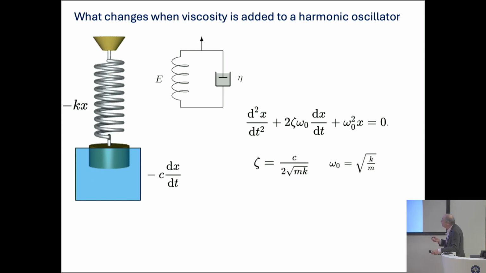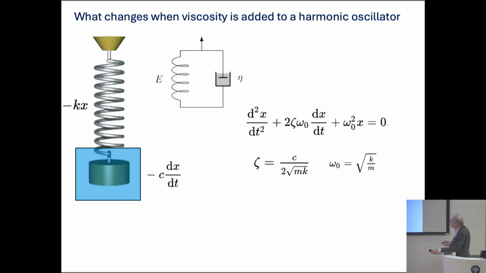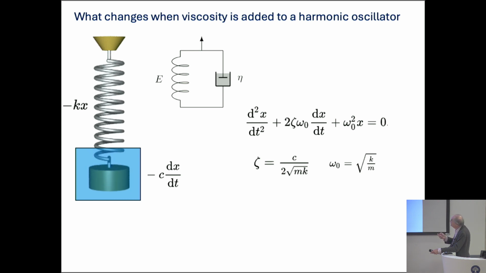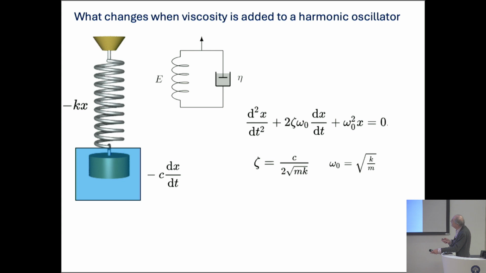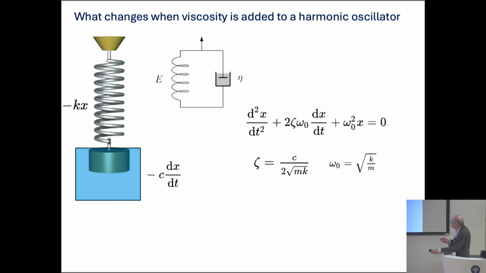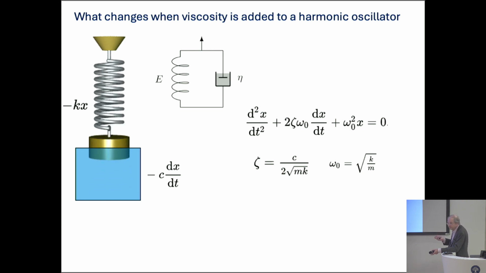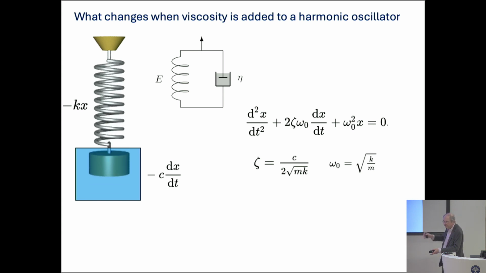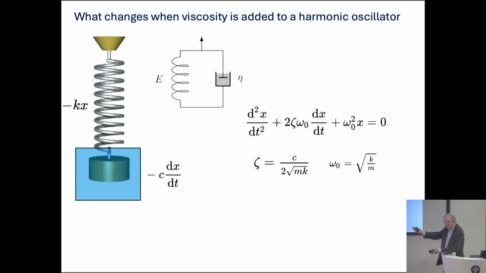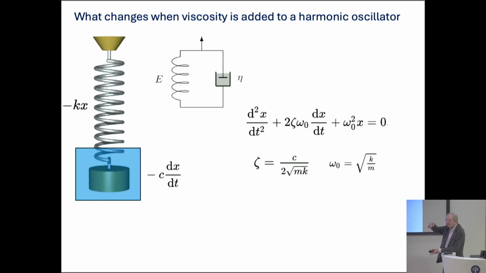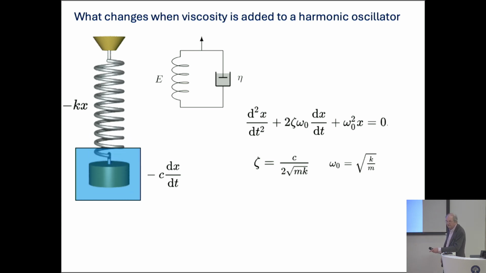The solution depends on how big C is compared to K. The more elastic it is, the more it's going to look like an oscillatory function. If the dissipative part is too big, it won't oscillate anymore; you'll just get an exponential decay.